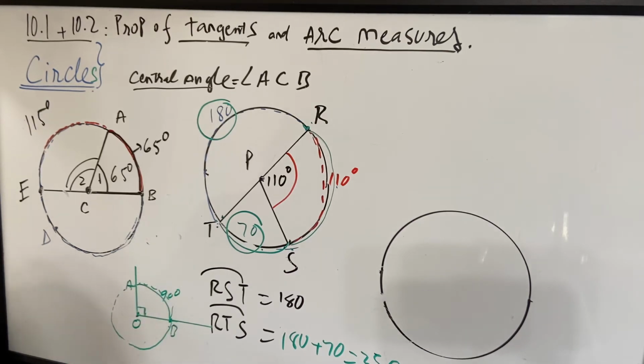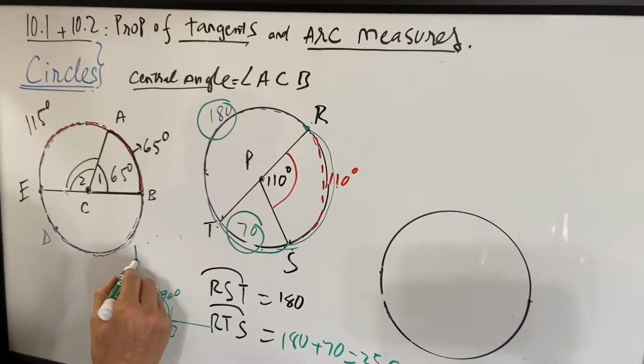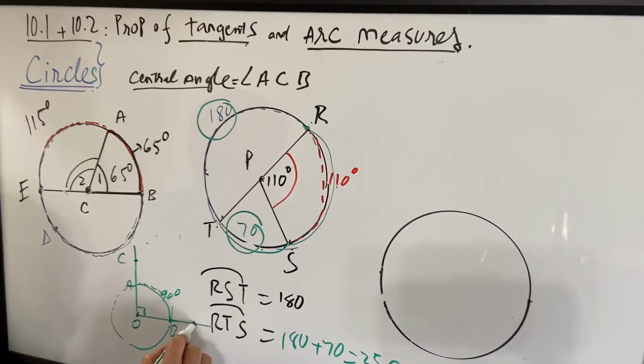Now look. If I draw another circle using the same center, this is what we call concentric circles, with a little bigger radius, OC and OD equal each other.